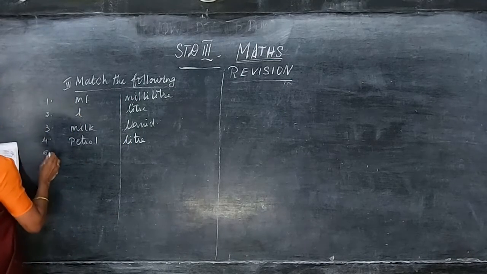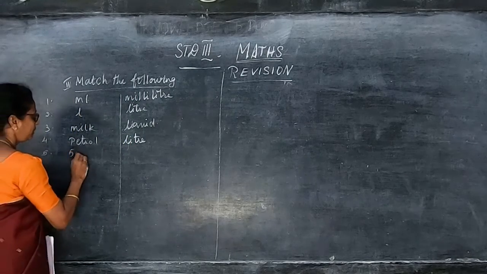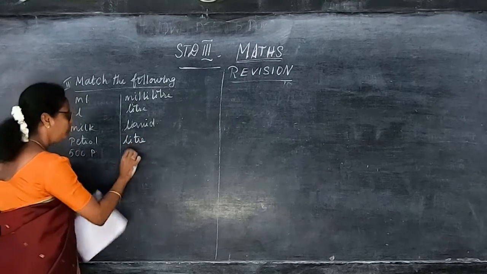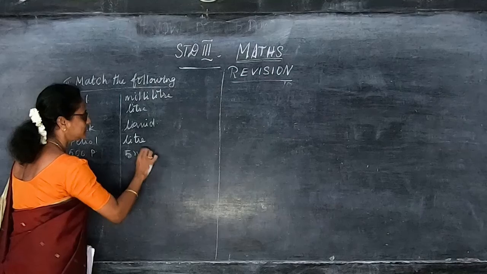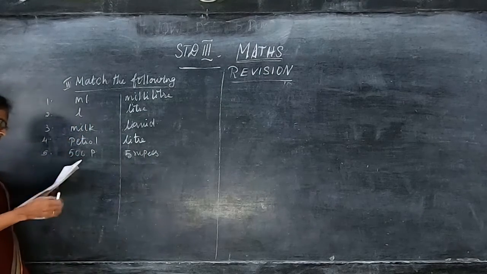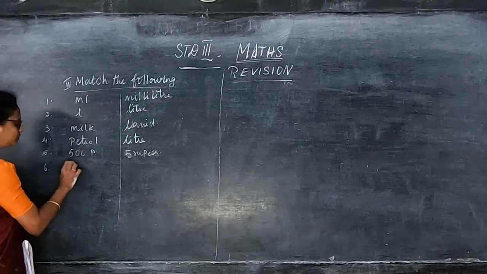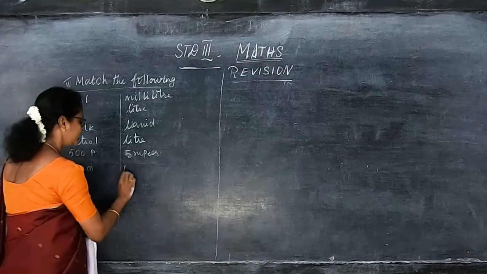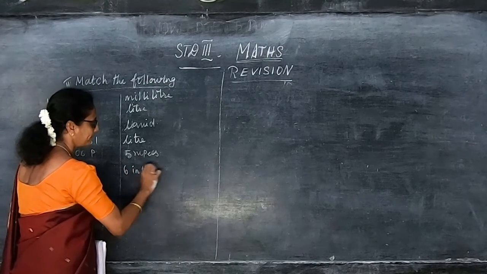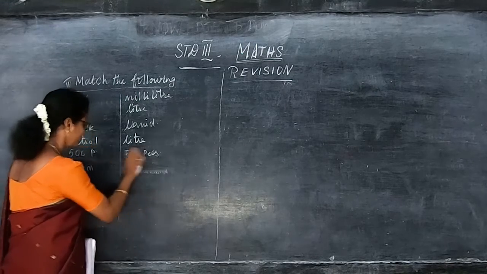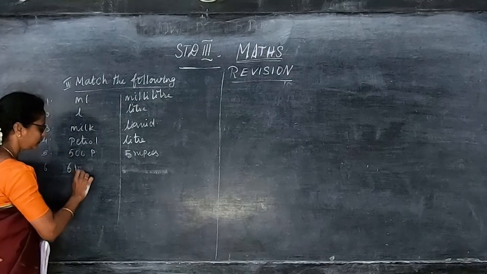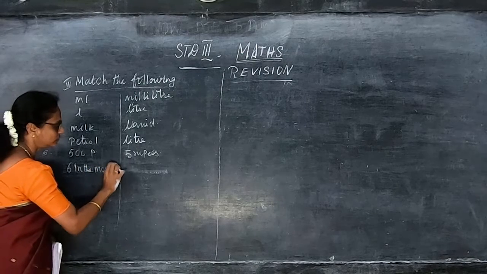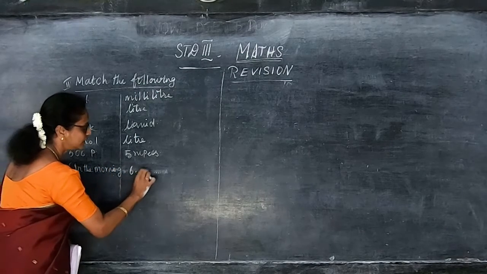And fifth one, 500 paise is equal to 5 rupees. Then sixth one, 6 a.m. is 6 in the morning.